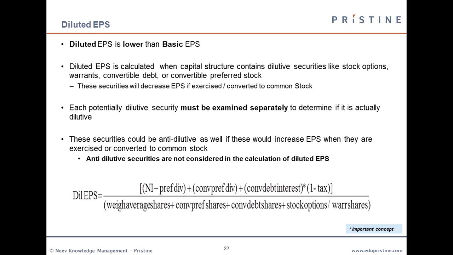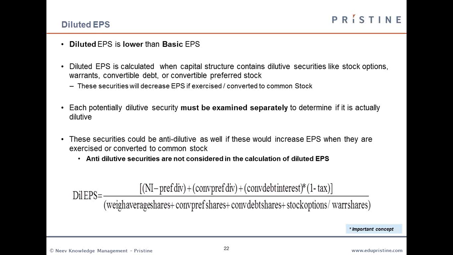Diluted EPS is always lower than basic EPS. This is a point to be noted. This diluted EPS, as I explained, is calculated when you have other dilutive securities like stock options, warrants, convertible preferred stock, convertible debt, anything which can be converted to common stock.